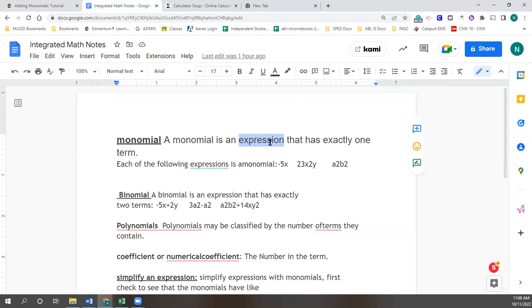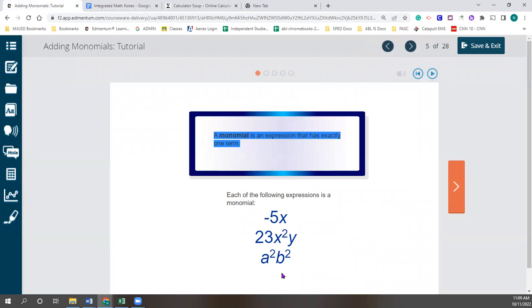So an expression is a way of saying something. A monomial is a way of saying something with only one term. So let's continue. These are examples. I put that in my notes.